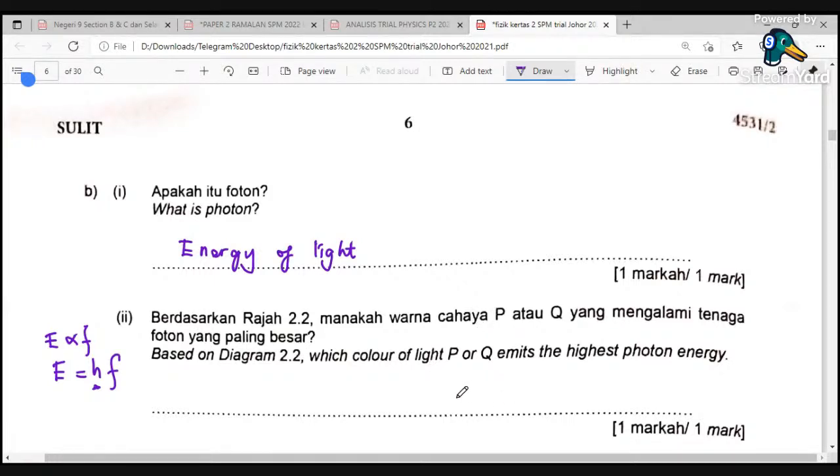So it means the blue color. You need to explain the relationship between E and f, because the frequency of blue light is larger than the frequency of red light.